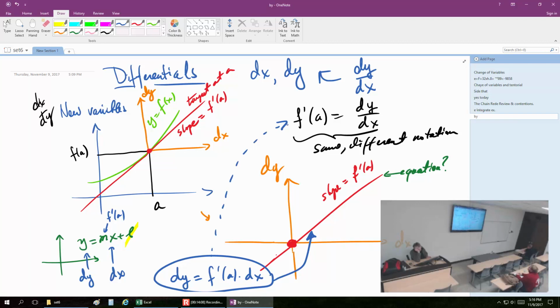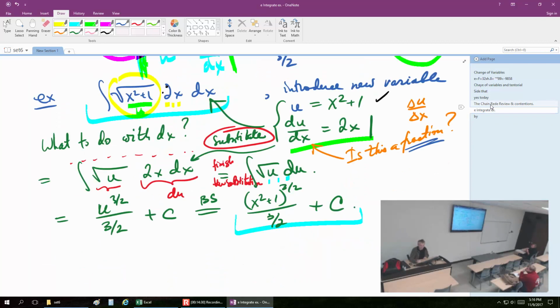You end up with two numbers, dy and dx, related to each other through this derivative, through this number. So you simply multiply dx by f prime of a, and you have dy. Okay, so that's how we justify this part, that du is equal to x dx.